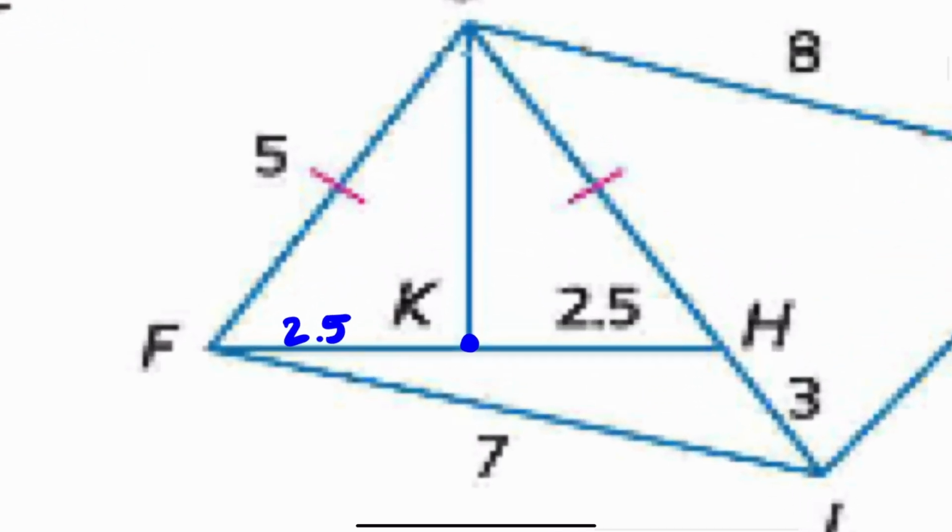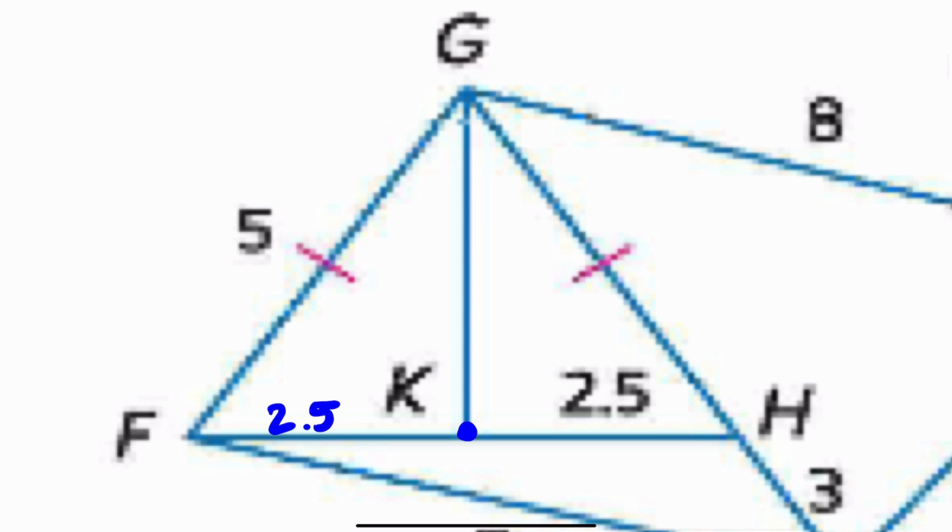But if we take a closer look at this particular triangle, notice that this segment is 5 units long. So that means with this tick mark being here and this tick mark being here, this segment has to be 5 units long.